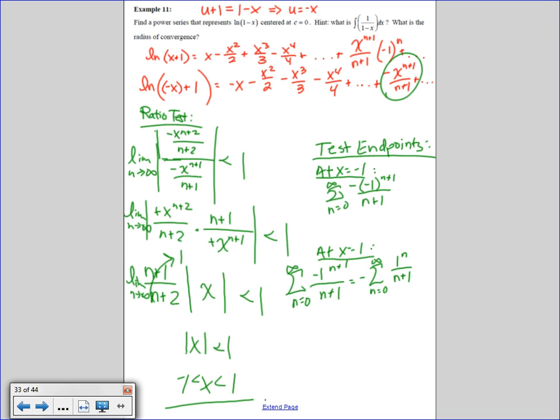Why not? Because ln of negative x plus 1, if you take the derivative, it becomes the function we just met. So 1 over 1 minus x.